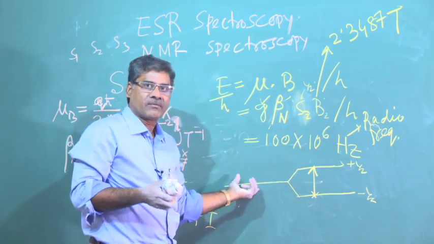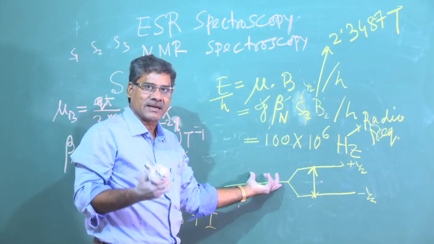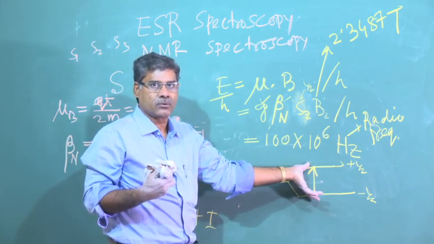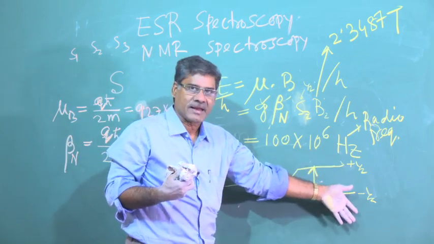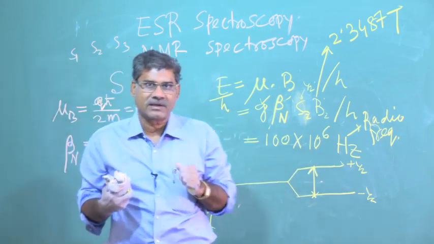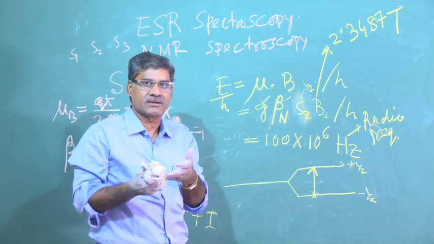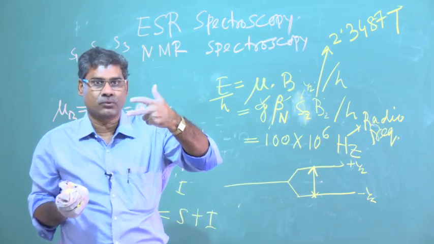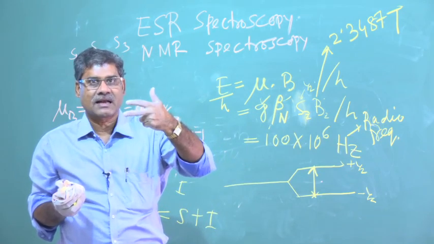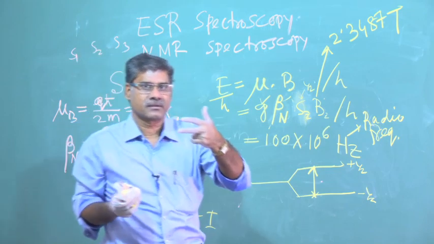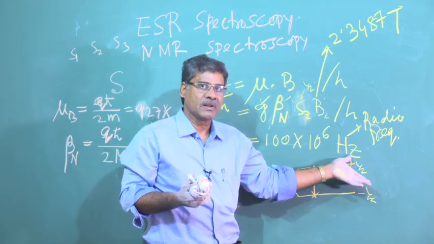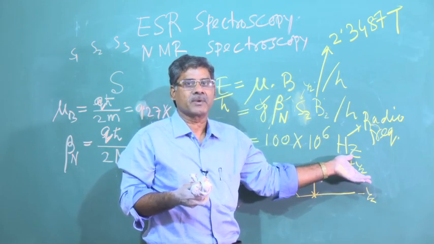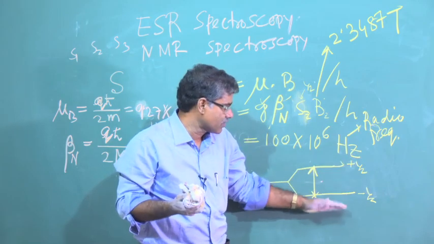the nuclear states are degenerate. Now, after applying the magnetic field, this will be split into 2 for plus half or minus half, if one nucleon is there, like you consider for silicon. I have considered a split into 2 lines, but if I is not half, if it is 1 or 2 or 3 by 2 etc., it will split into more lines.